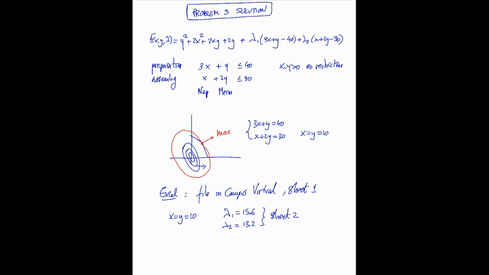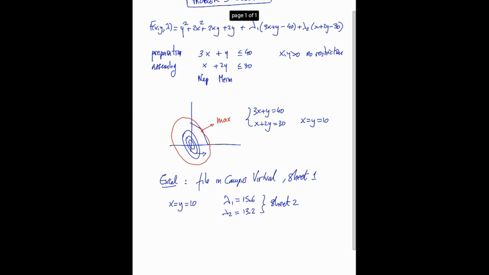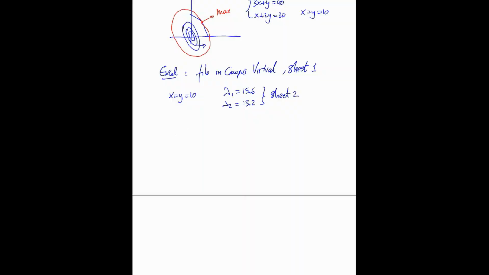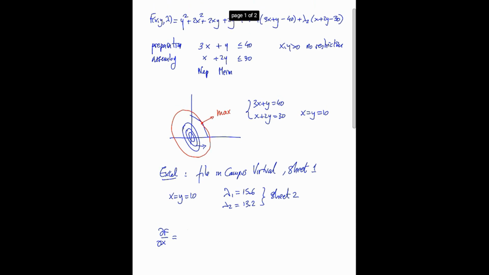Right now the Excel is in Spanish, but you'll get it in English when I have the time to do it on another computer. Okay, let's check that this is correct, for which we have the partial of f with respect to x. Let's check our point is a maximum. So we have the partial of f with respect to x equal to 4x plus 2y plus 3 lambda 1 plus lambda 2.